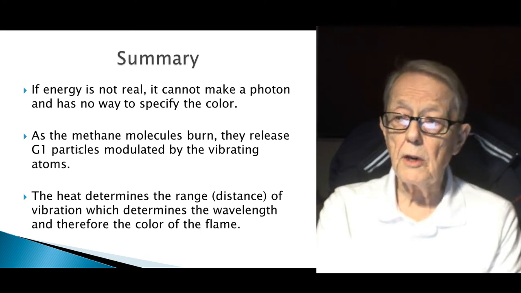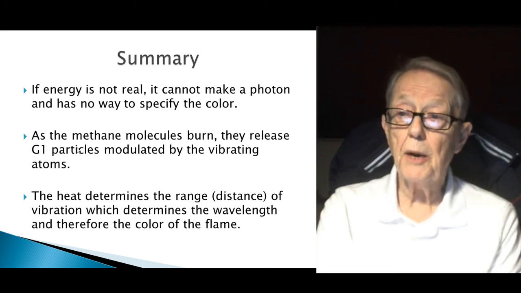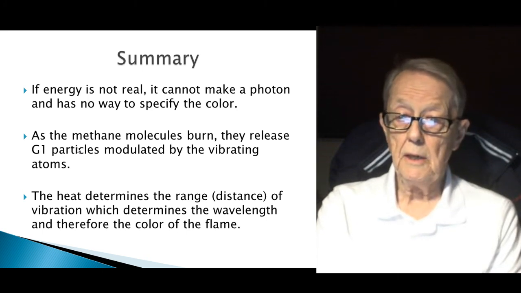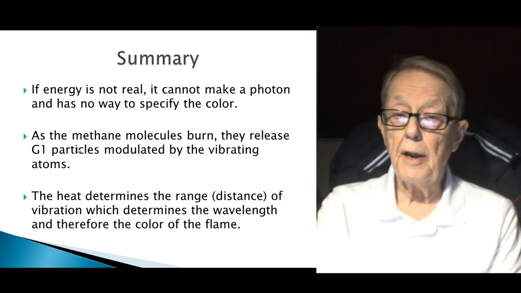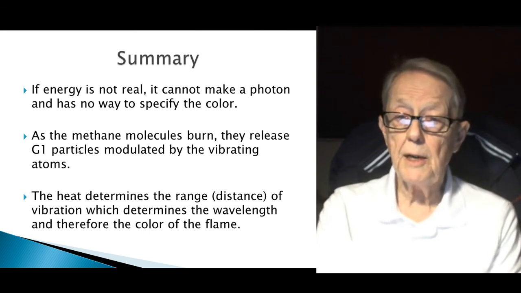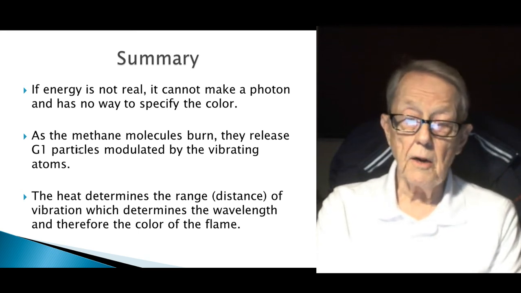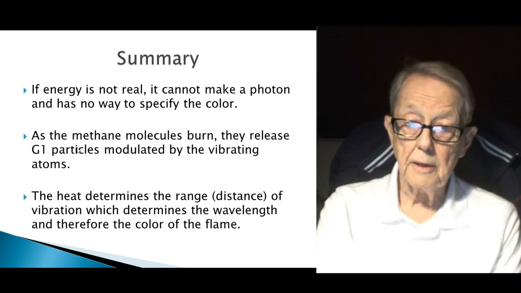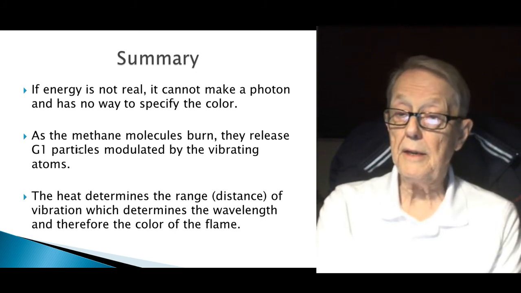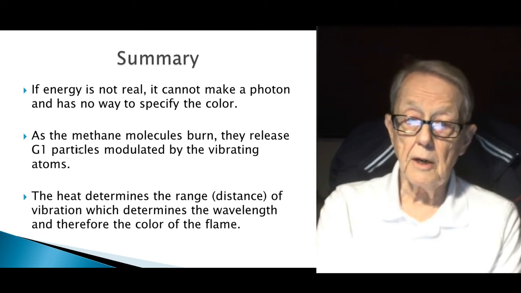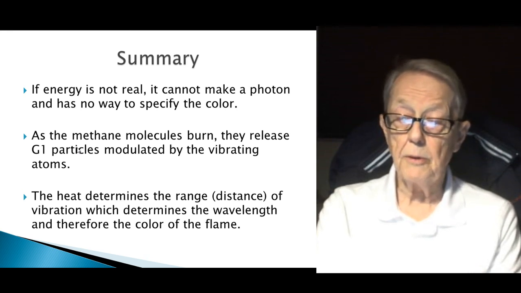When you look at the candle flame, you can see a rainbow of colors. And then I find this information about zones that's out there, and it explains how the color of the flame is actually dependent on the temperature of the candle flame in those zones.